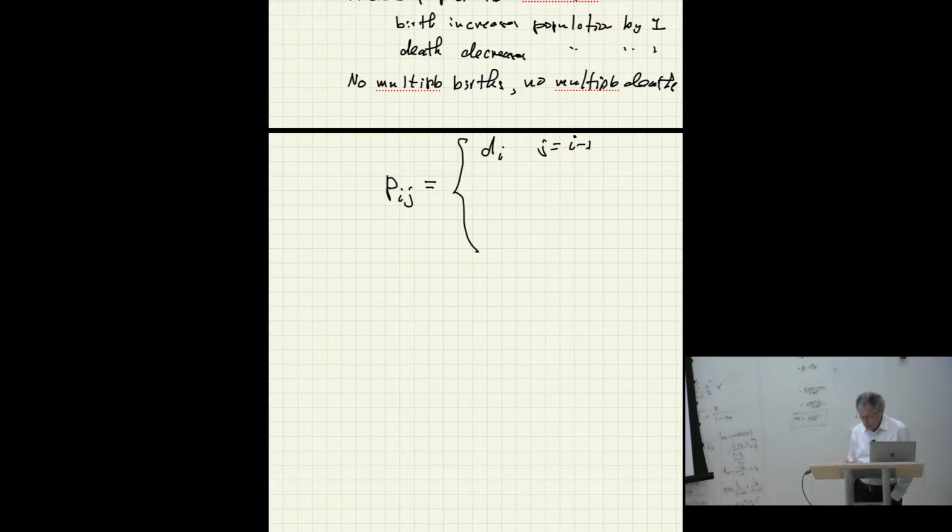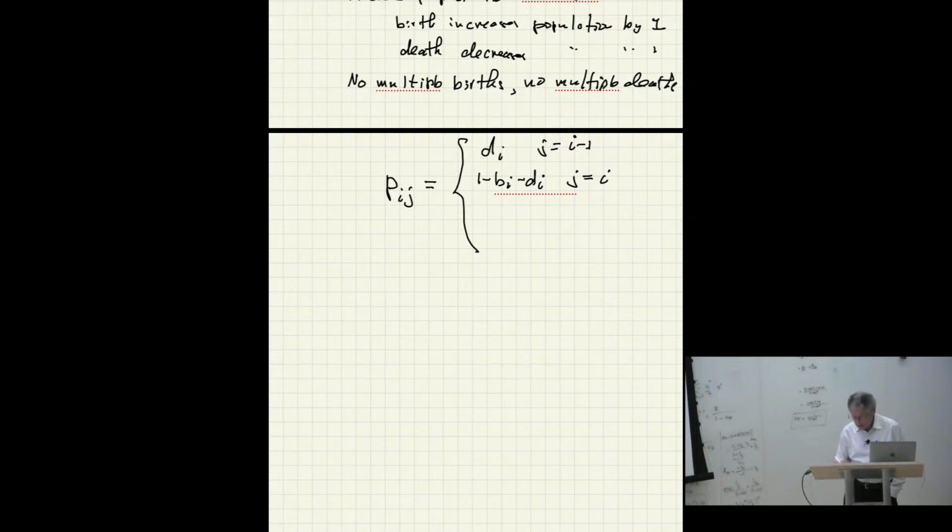So in state i, you get a death probability d_i, and the state j becomes 1 less. With 1 minus b_i minus d_i, j is equal to i, where b_i, as you'll see in a moment, is the probability of a birth.